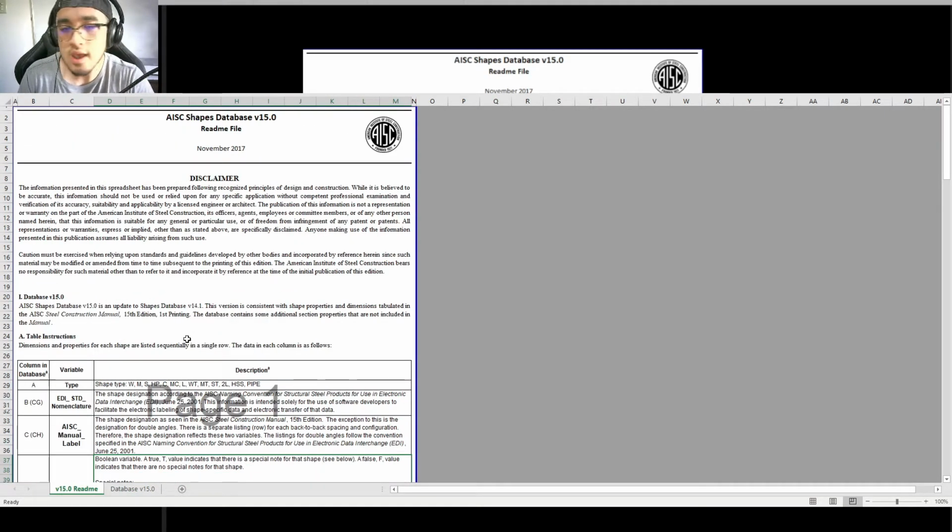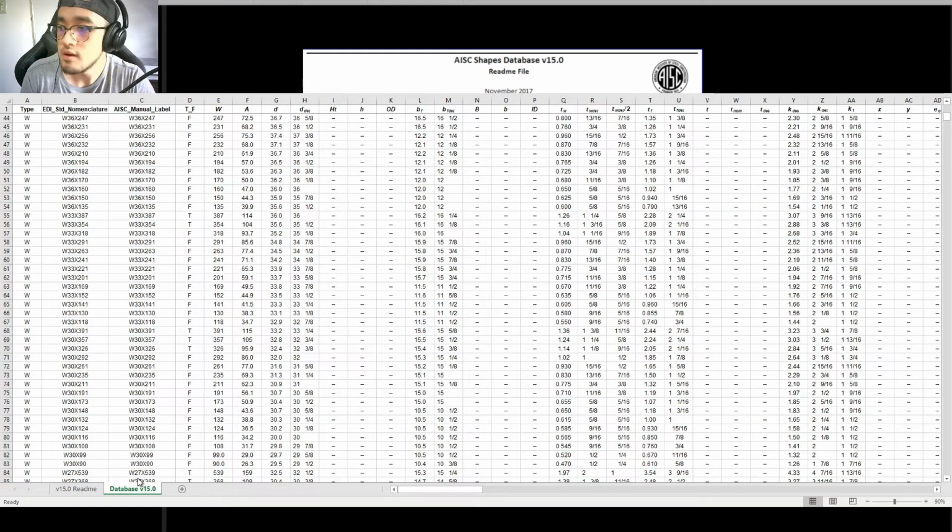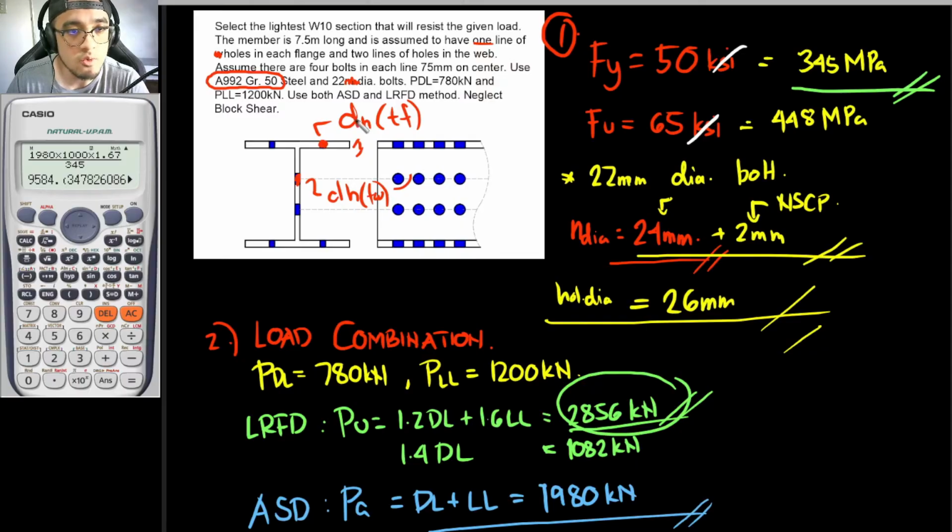Okay, so this AISC shapes database gives you the sections that you need and, of course, the parameters that you need concerning that particular section. So once again, going back to our problem, we are to select the lightest W10 section.